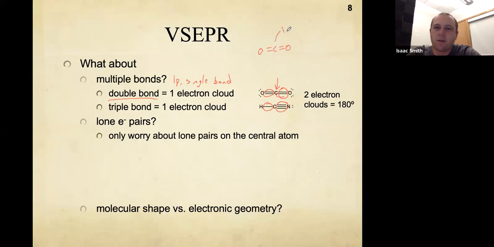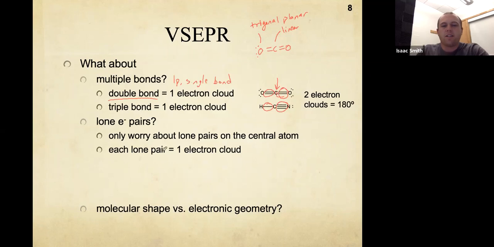So the shape around carbon is linear, okay? And then there's 2 sets of lone pairs on each oxygen. So the shape around this oxygen, the electron geometry, is trigonal planar because there's 3 electron groups around that oxygen. Okay, each lone pair is 1 electron cloud.